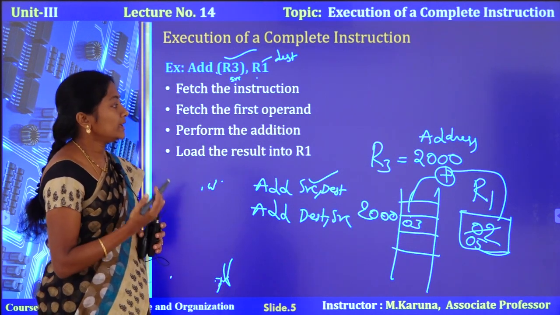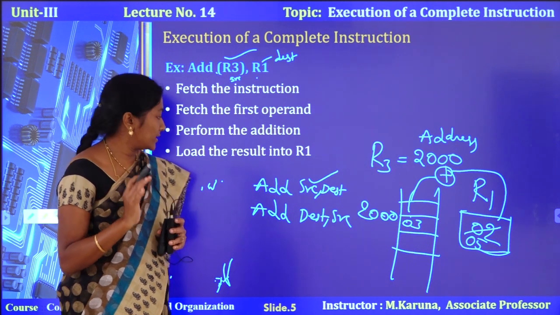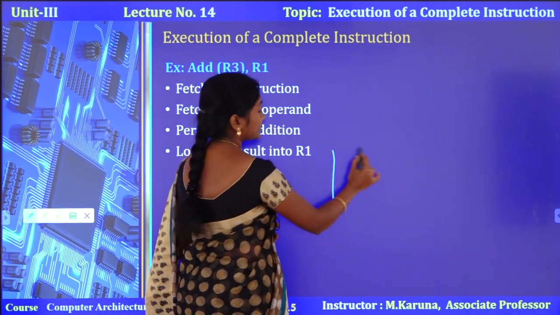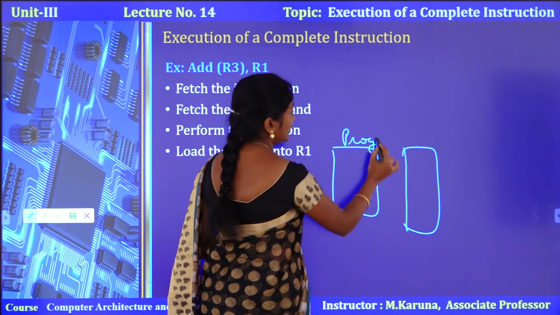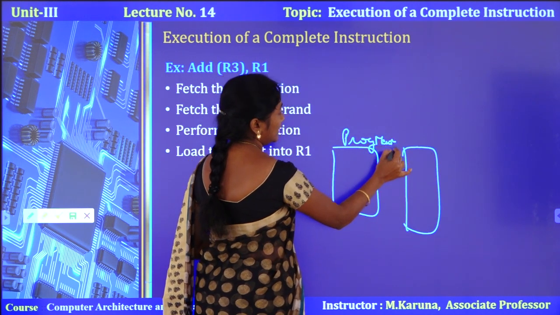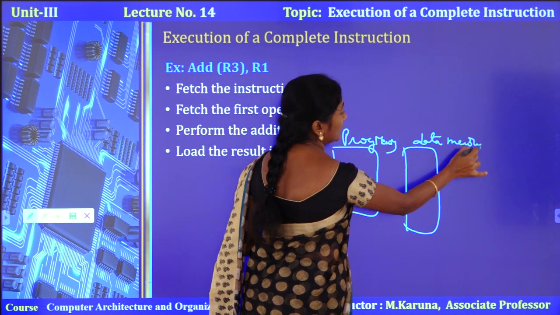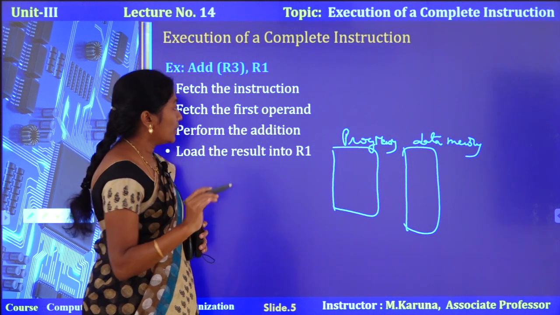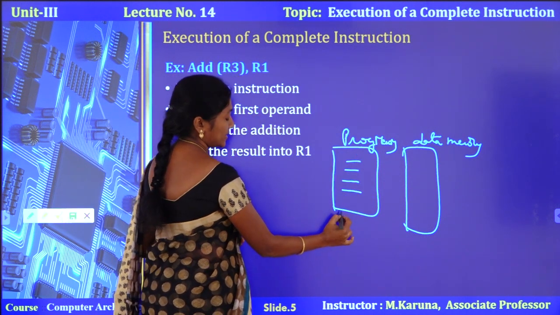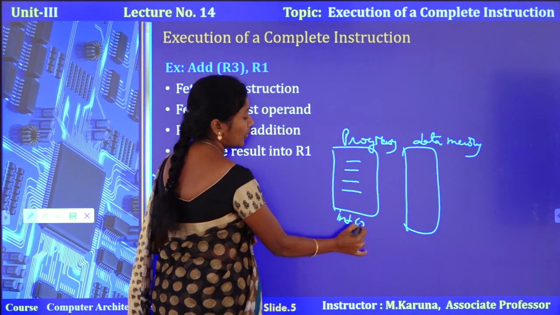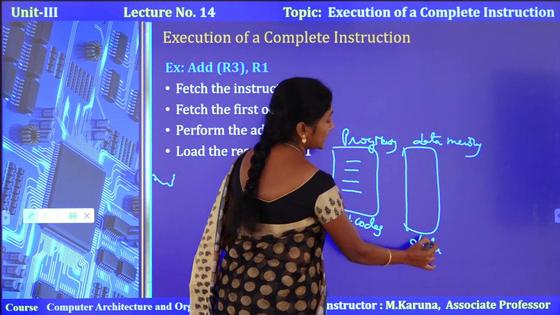Before that, to perform the operation, first we should know that this is program memory and this is data memory. Program memory contains the instruction codes and data memory contains the data.